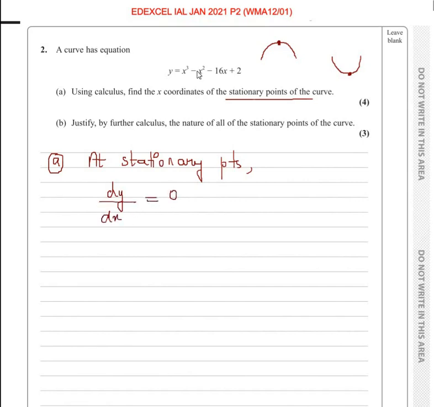So it means that the y equation which they have given us, we need to differentiate it. So dy by dx is equal to x cubed gets differentiated as 3x to the power of 3 minus 1, a reduction of the power by 1, minus 2x to the power of 2 minus 1, minus 16x to the power of 1 minus 1, and the differentiation of a constant term like 2 is going to be 0.